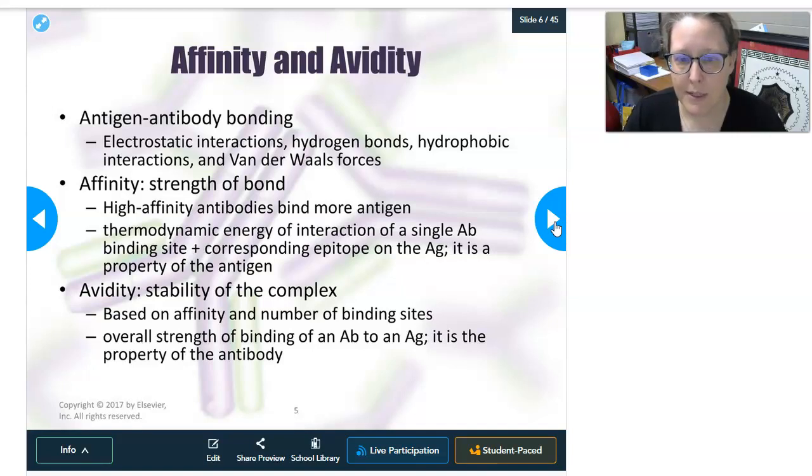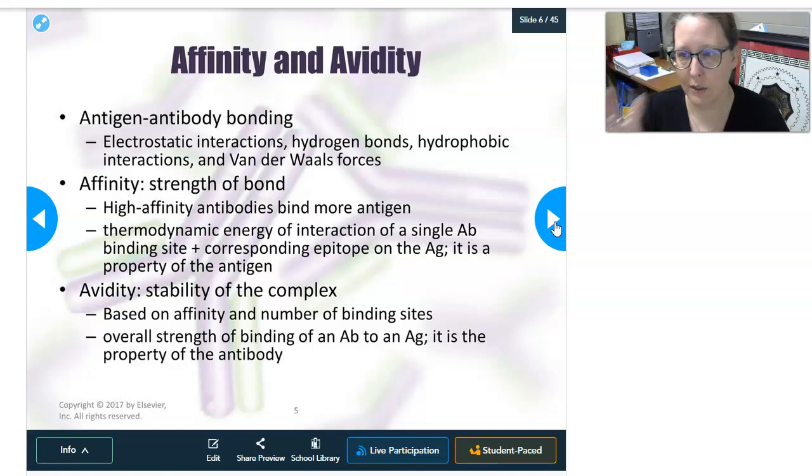The avidity is the stability of the complex. So it's based on the affinity, so it's related to the affinity, and also on the number of binding sites, especially on that molecule that you're trying to detect. It is the overall strength of the binding of an antibody to an antigen, and it is always a property of the antibody.